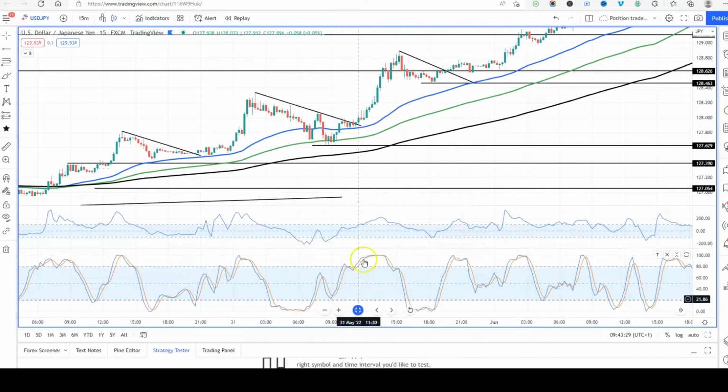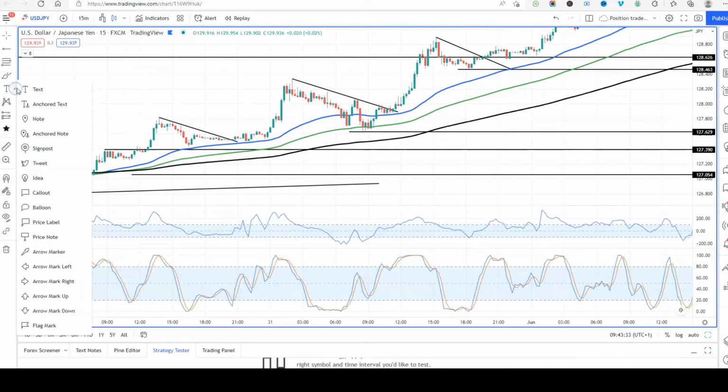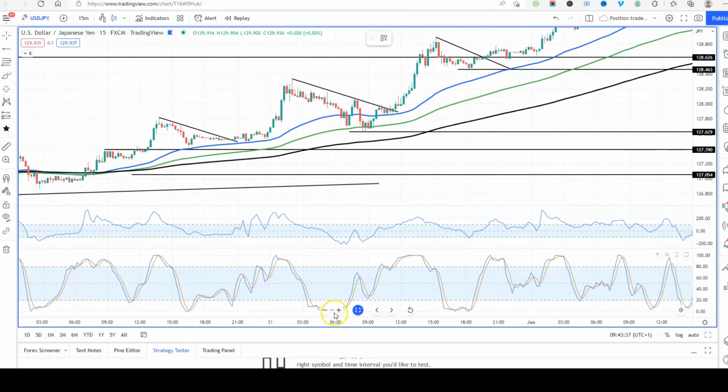So what we're looking for is oversold conditions, oversold. I emphasize that, but they both have to be oversold. Okay.